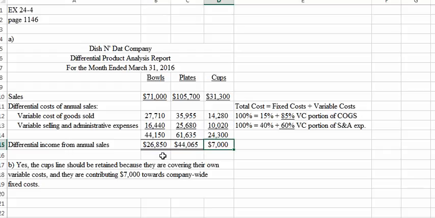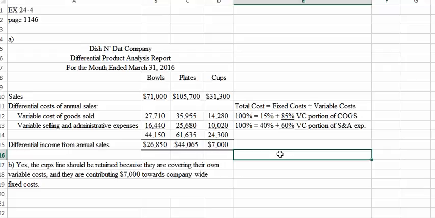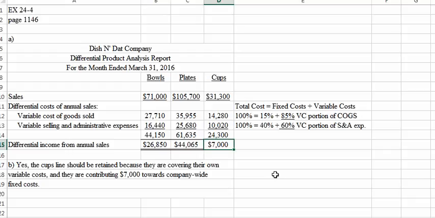So we definitely want to continue with the cups product line. Again, if they're not covering their own variable cost, if this is a negative number, we'd say discontinue, because they're not covering their own variable cost, and they're also not contributing anything toward company-wide fixed cost if this number is negative.